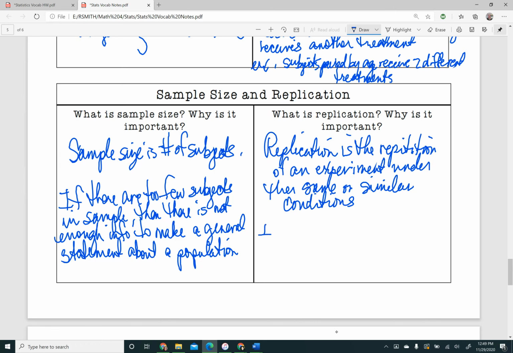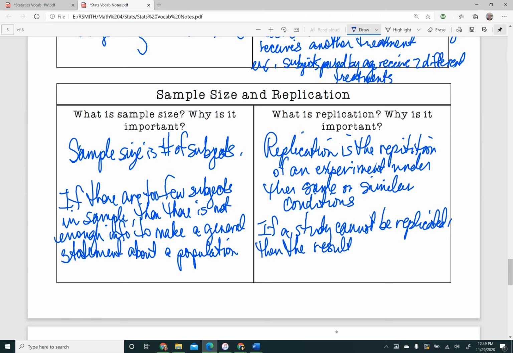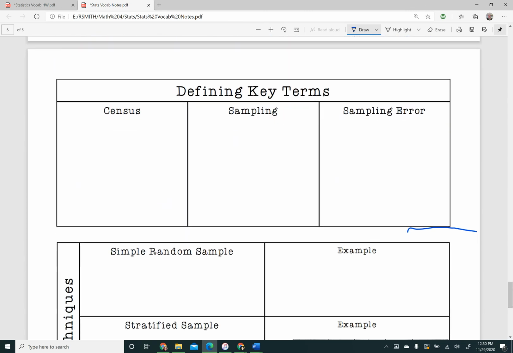Why do we care? Because if a study cannot be replicated, then the results are less likely to be accepted by the scientific community, because they can't redo it. They want to be able to say, I can do that too. All right, three more.